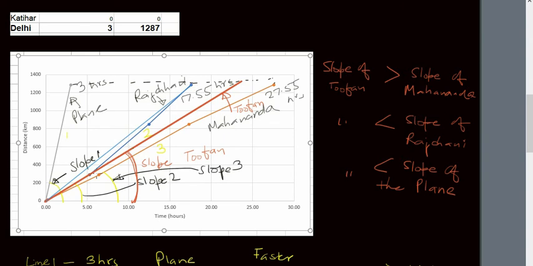So because the slope of Tufan is less than the slope of Rajdhani, that means Tufan moves slower than Rajdhani.